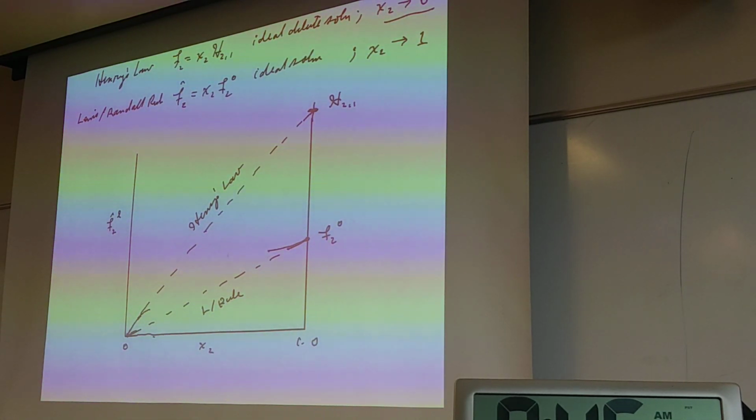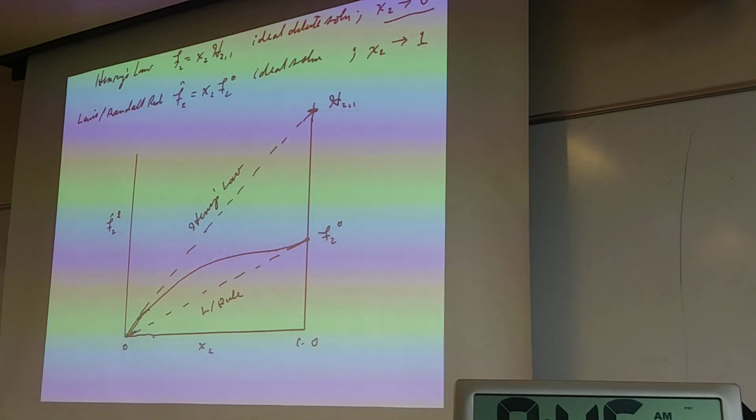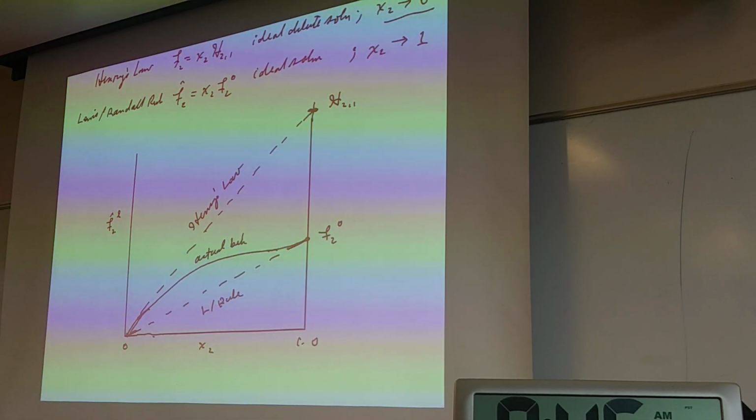So I've got this behavior down at this end, this behavior at this end. If I were to plot the whole thing, it might look like this. Here's my Henry's law, here's Lewis and Randall rule, here's the actual behavior. But it asymptotes at one end to Lewis and Randall rule, at the other end to Henry's law.